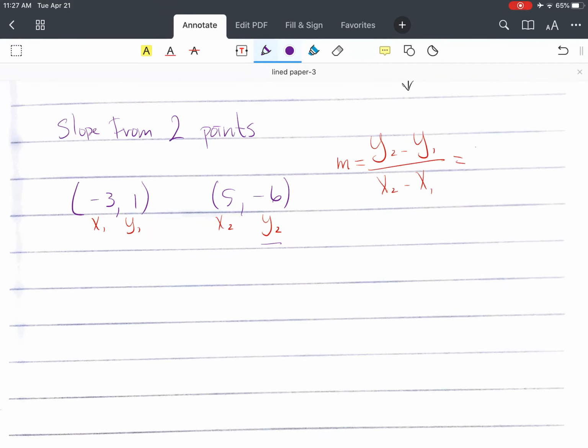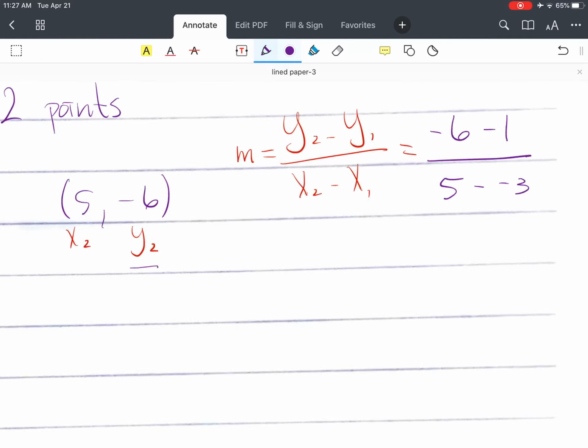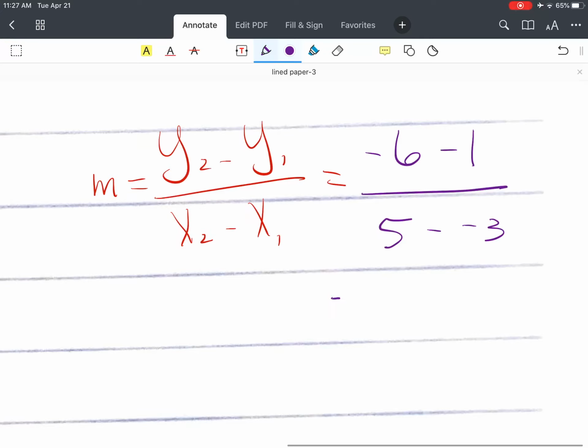So all you got to do now is just replace what the y's and the x's represent. So y2 is -6. So that's -6 minus y1, which is 1, all over x2 is 5, and then x1 is negative 3. So we're going to subtract the negative 3.